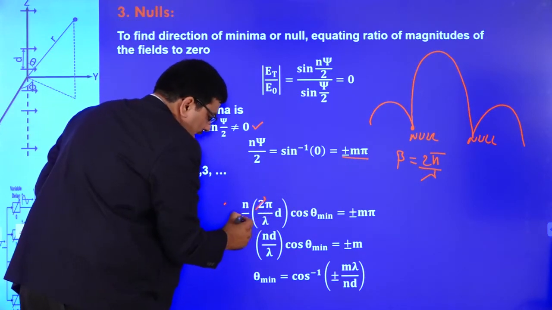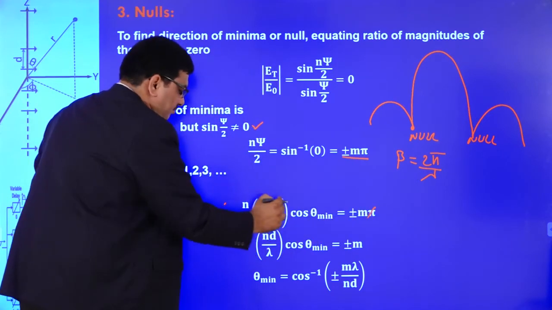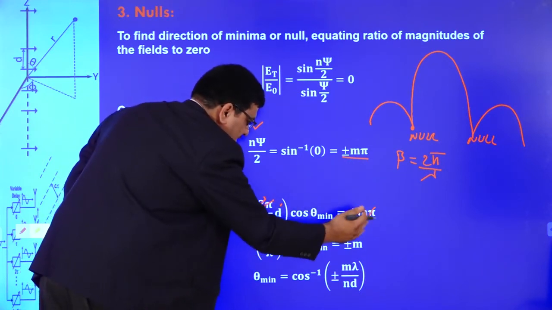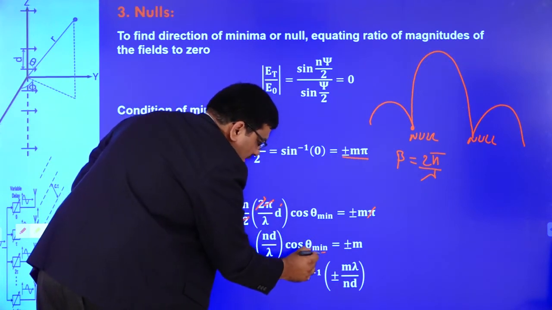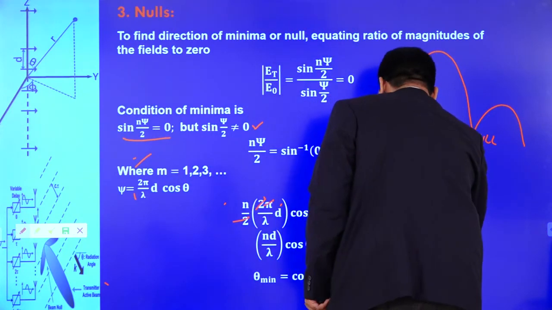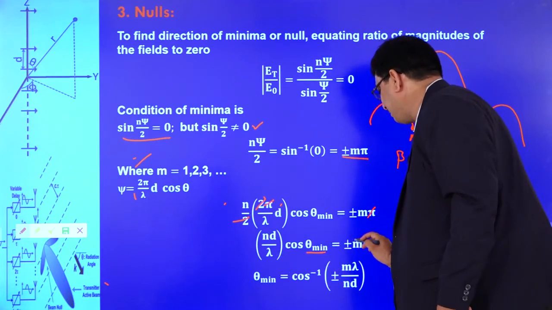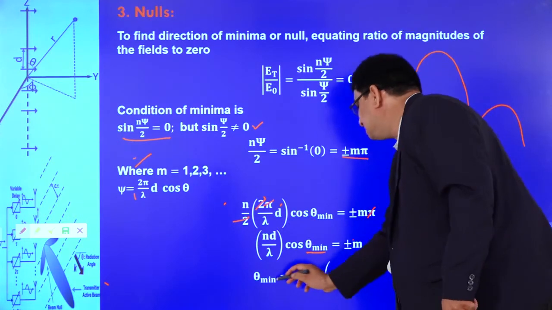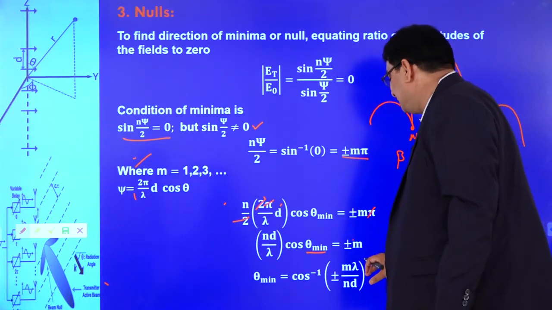So this 2 and this 2 get cancelled, and this π and this π get cancelled, and from this, cos θ minimum is equal to, you take all these terms to the right side, plus or minus m into nd by λ. So from this expression we can say θ minimum is equal to plus or minus m into λ by nd. So this is the minima, or null, expression.